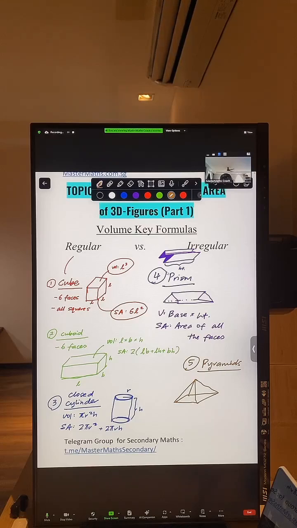The volume here is 1/3 times base area times height, and the surface area will be the base area plus the 4 lateral faces.